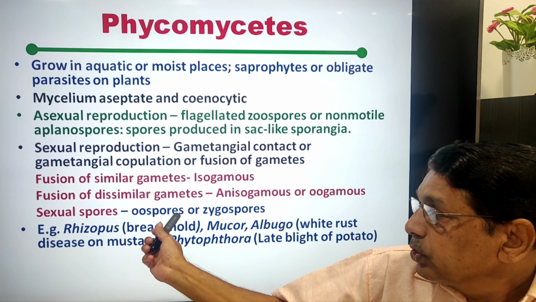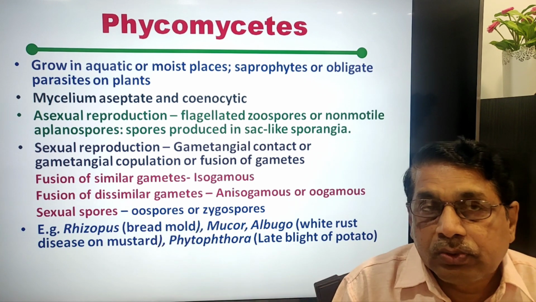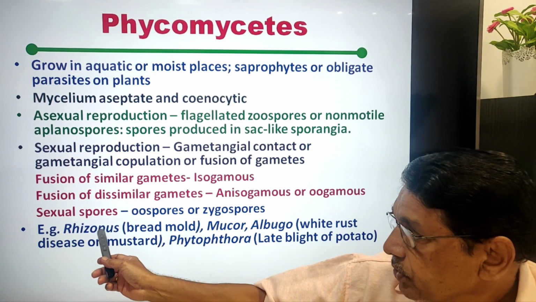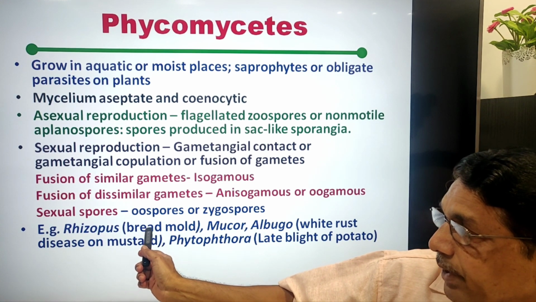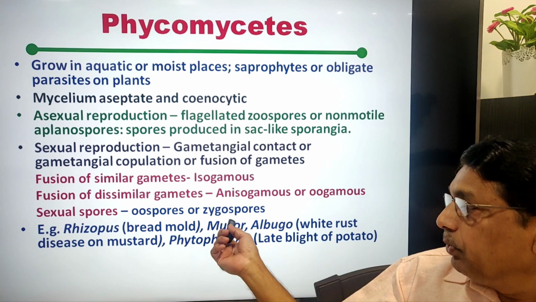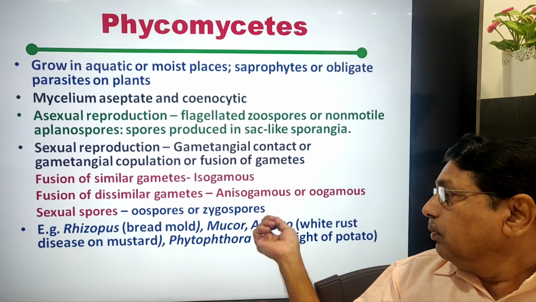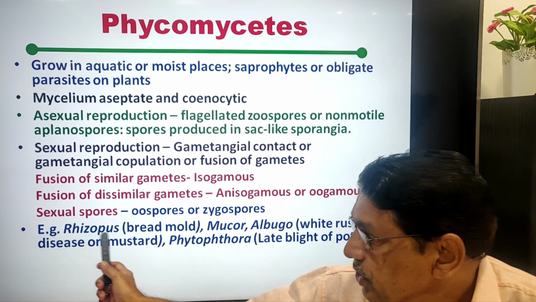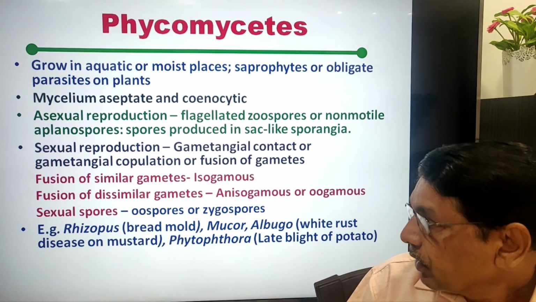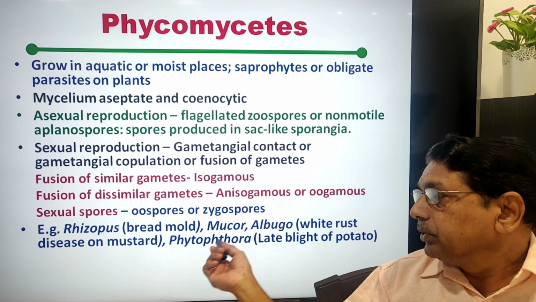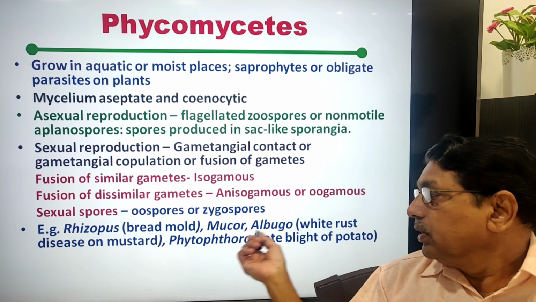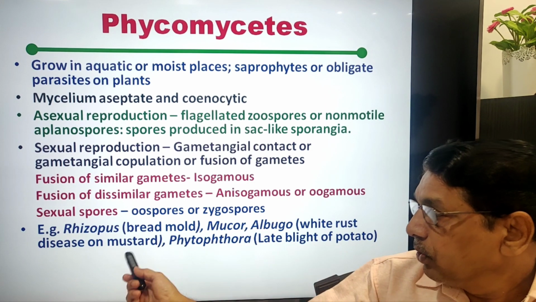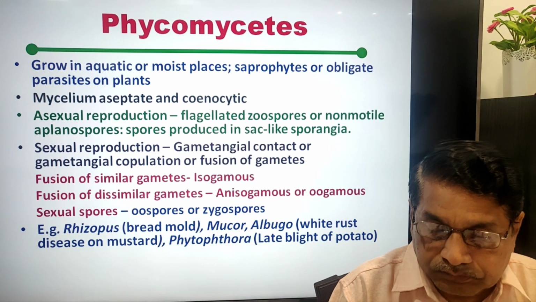Sexual spores: oospores or zygospores. Then examples: Rhizopus, commonly known as bread mold, Mucor, Albugo, the white rust fungus. It causes disease on mustard. Then Phytophthora, an important fungus, causes late blight of potato.